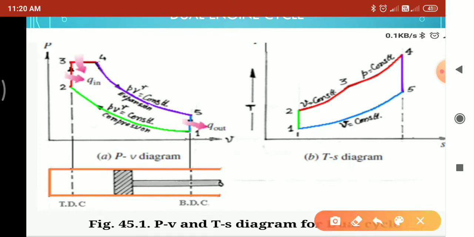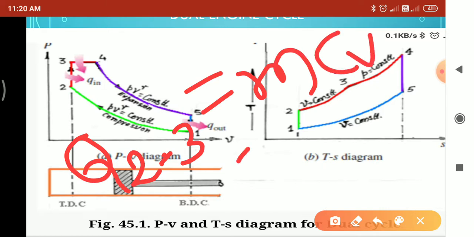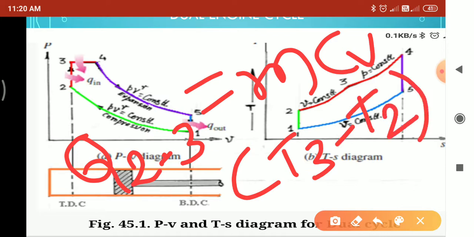I can write the equation Q2-3 equals mass of gas m times Cv, the specific heat at constant volume, times (T3 minus T2). This is the equation for heat addition at constant volume.